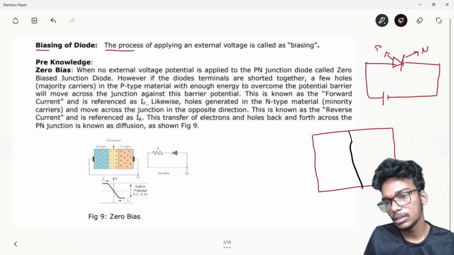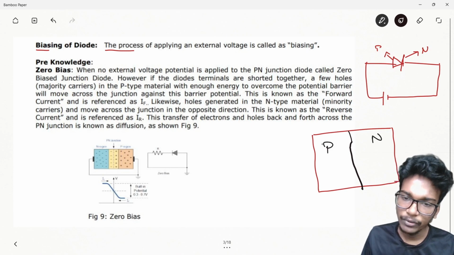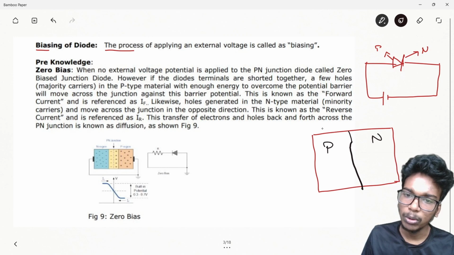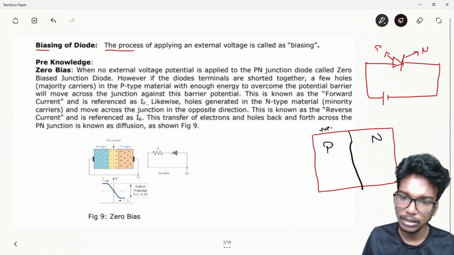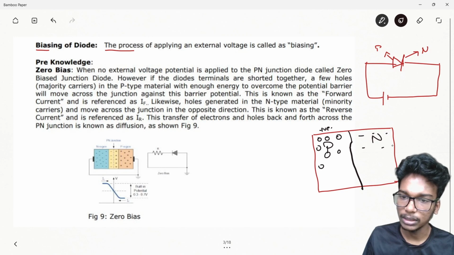Just consider this is half. This is P type and this is N type. In P type, we discussed that this is the region where holes are most dense, and here electrons are most dense.